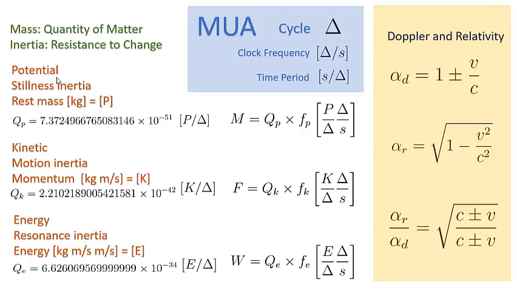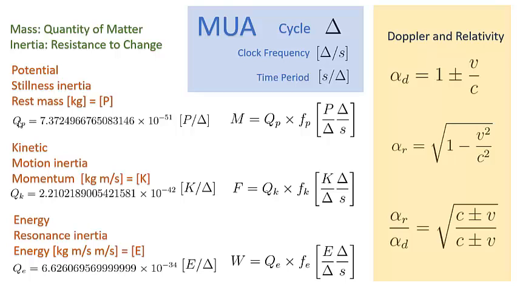This is what I'm calling the potential inertia, which you could also think of as stillness inertia. So this is: an object in stillness remains in stillness, or an object at rest remains at rest unless acted upon by an external force. This is also referred to as rest mass. And today we're going to be using this quantum constant here, which I'm calling the quantum of potential.